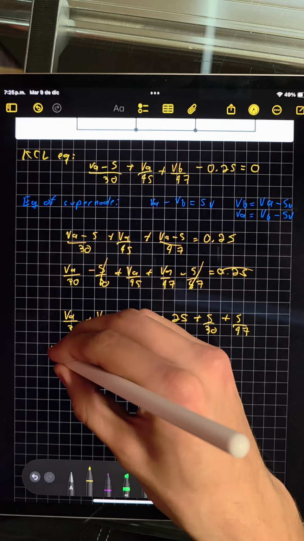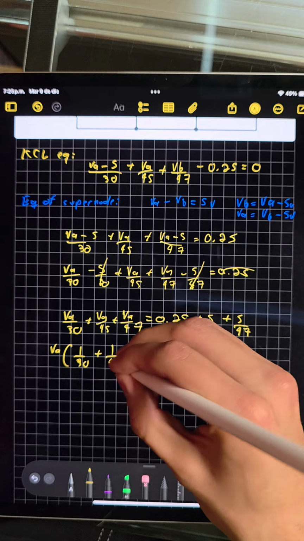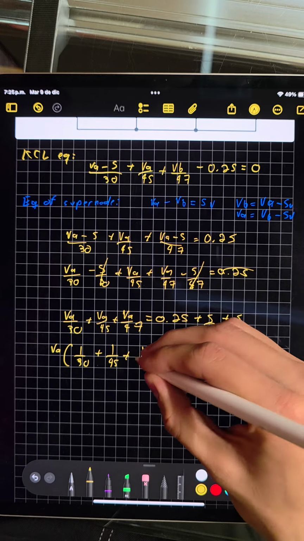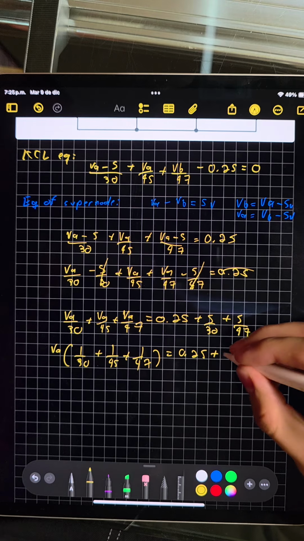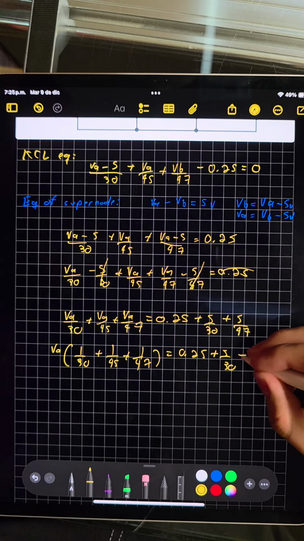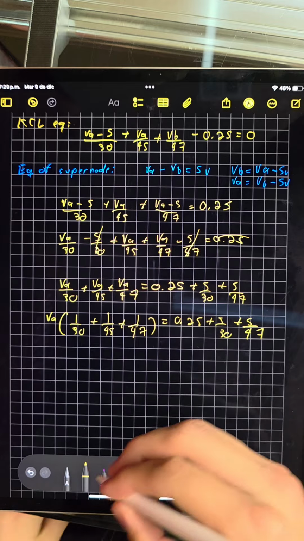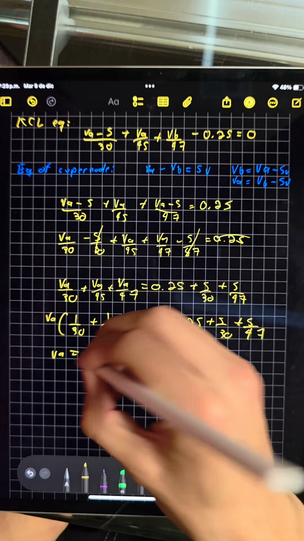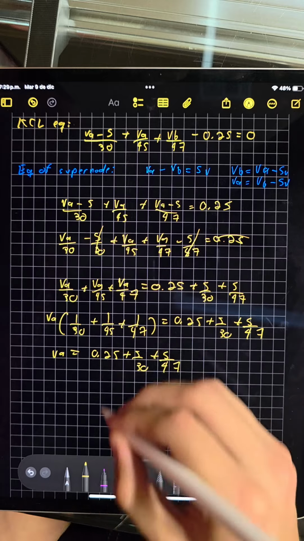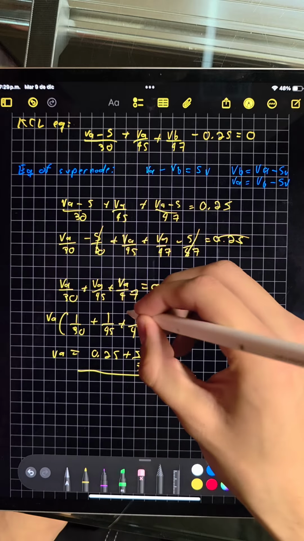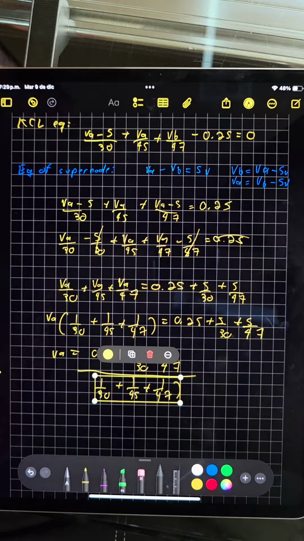Now we can extract VA and leave this, 0.25 plus 5 over 30 plus 5 over 47. So now, continuing, VA is going to be all this divided by all this, and we're going to do this calculation on a calculator.